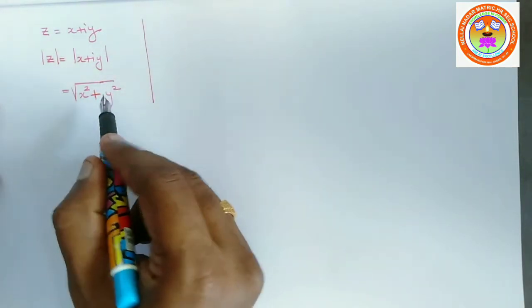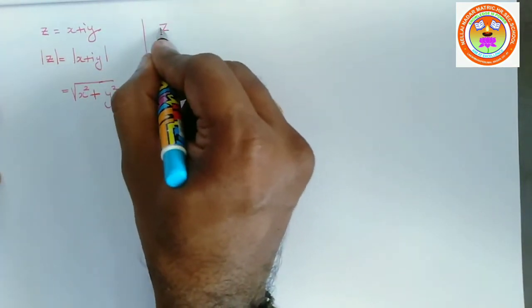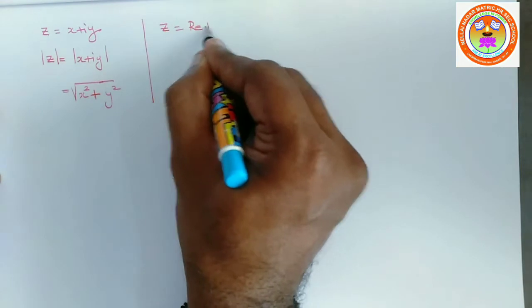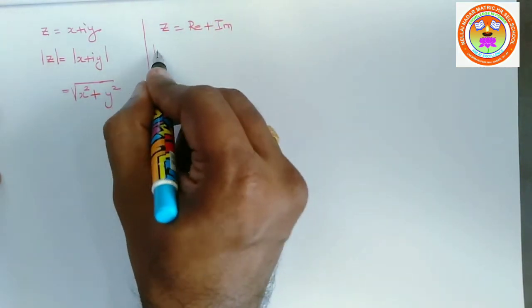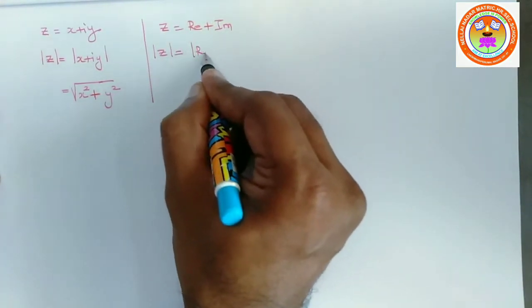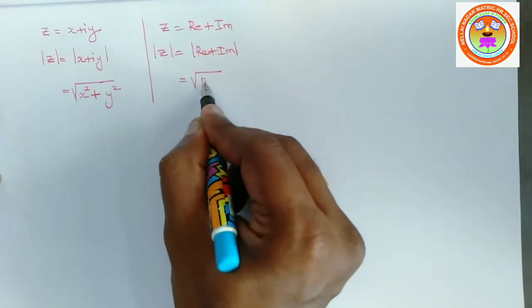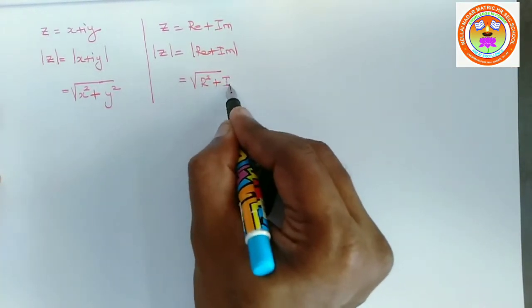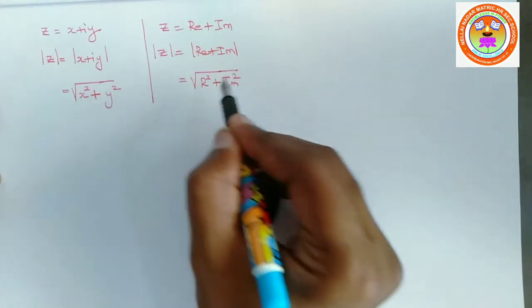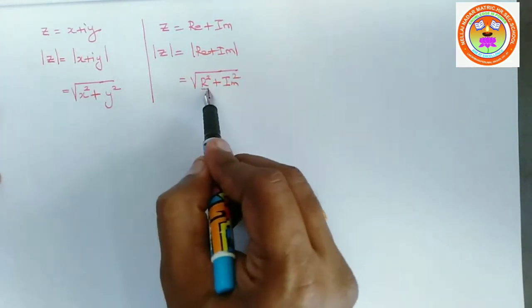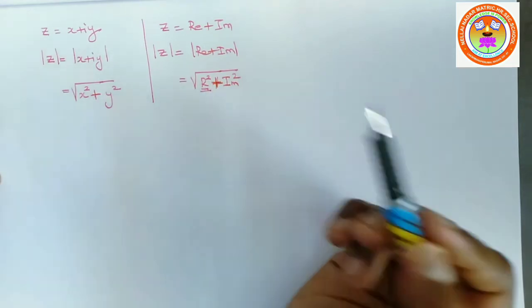Without using the Pythagoras theorem, you can use this. For example, z is equal to real plus imaginary. Modulus of z is equal to the square root of real square plus imaginary square. This is the formula: real square always plus imaginary square.